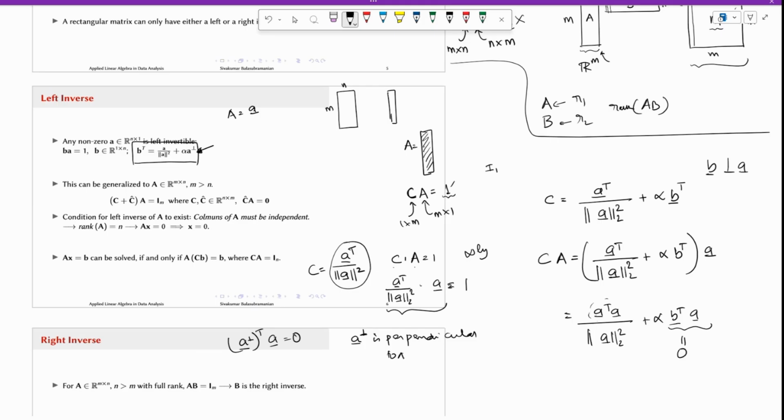And what is the numerator here? Well, the numerator is simply the square of the second norm.